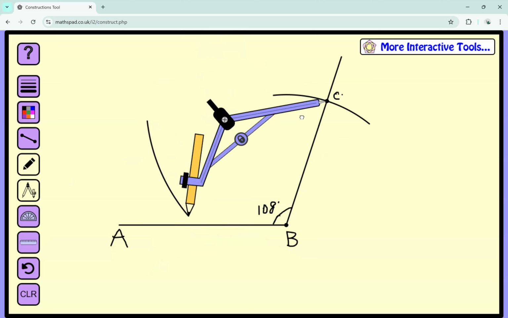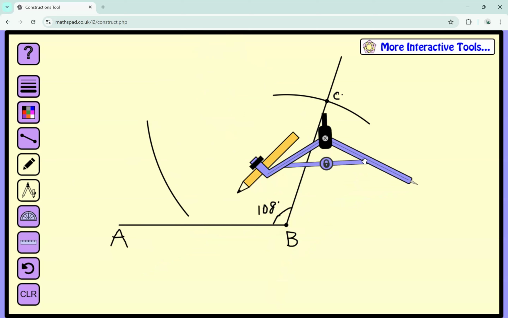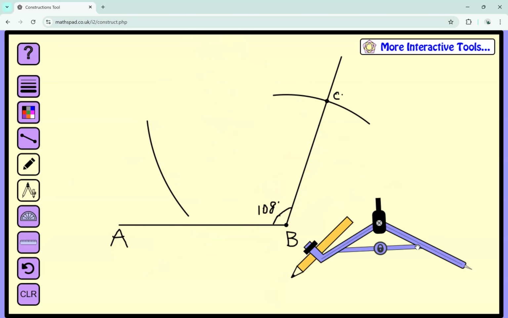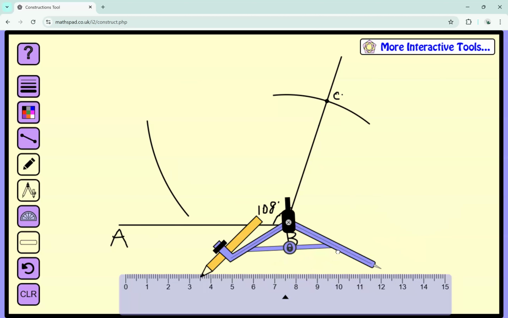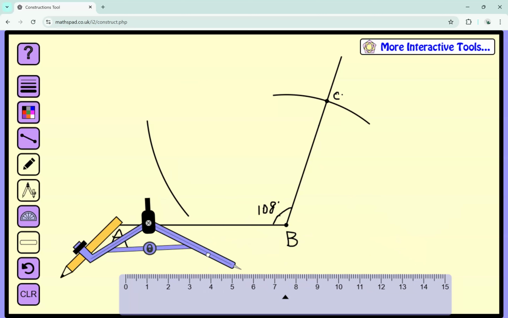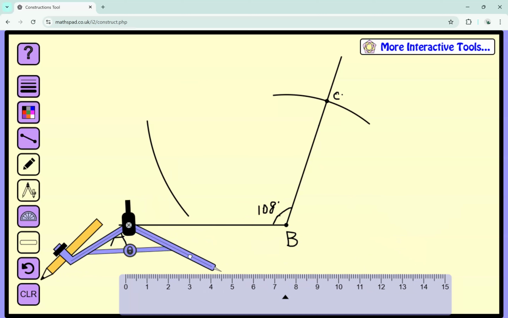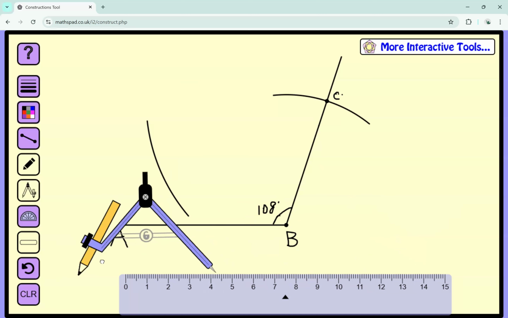Finally, we are going to draw AD, and when the arc intersects the other arc that we drew from C, that will be point D already. So let's put this at 4.2. Unlock, and pull this one back here.